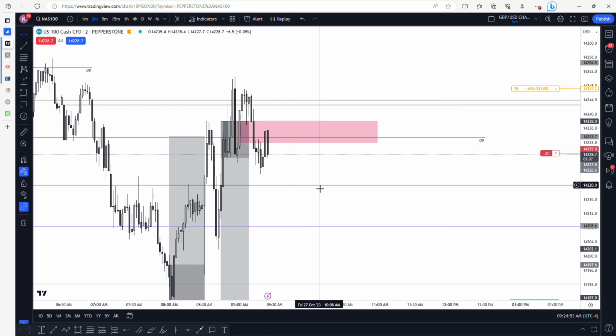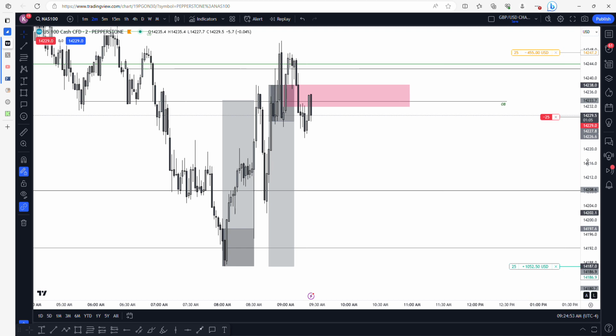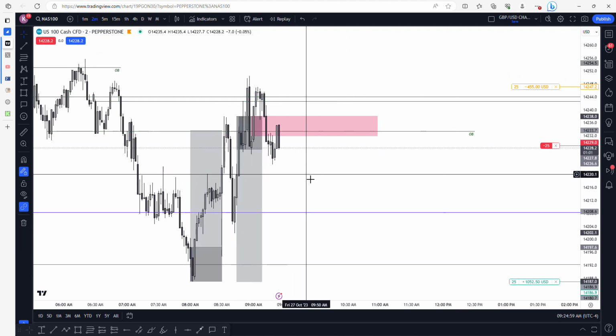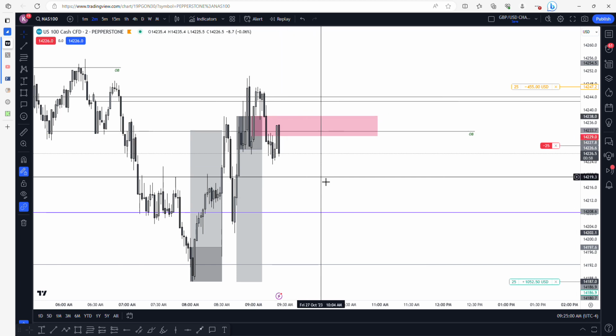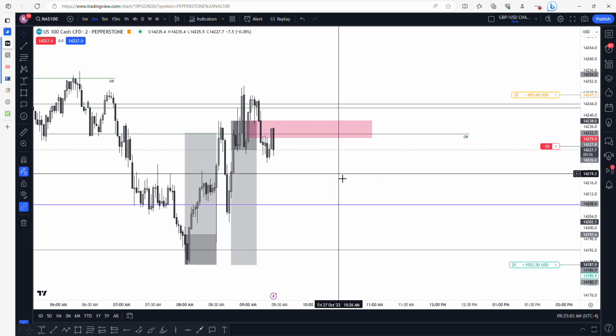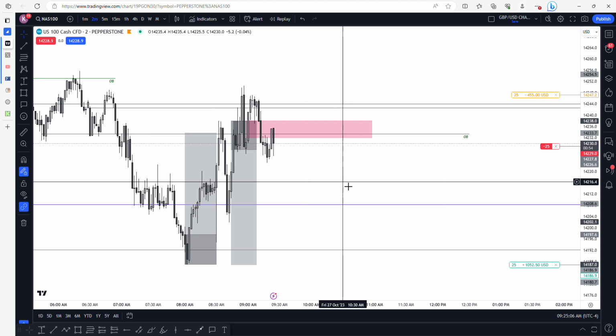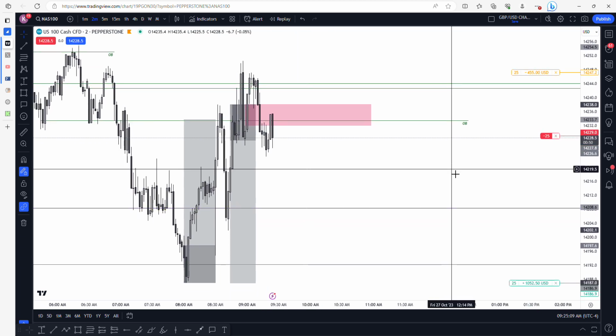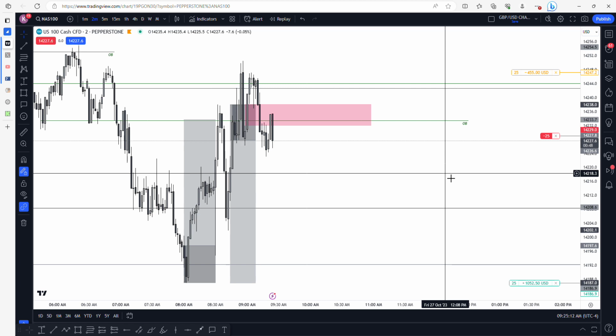So if it breaks that, then we should see it go lower. Almost 9:30 also, so I would love to see this just dump from here. And then the 10 a.m. news will fuel it either to the upside or the downside. And I'm hoping for downside movement.